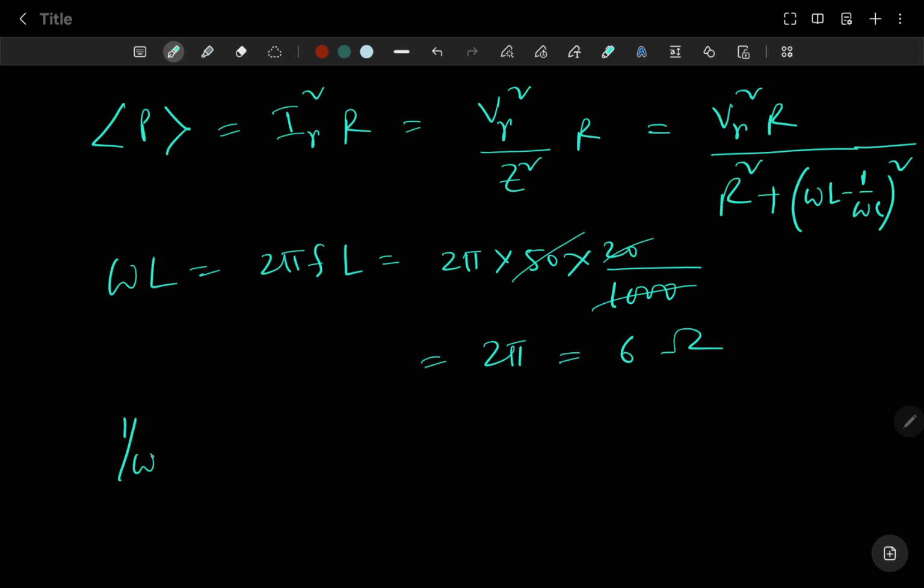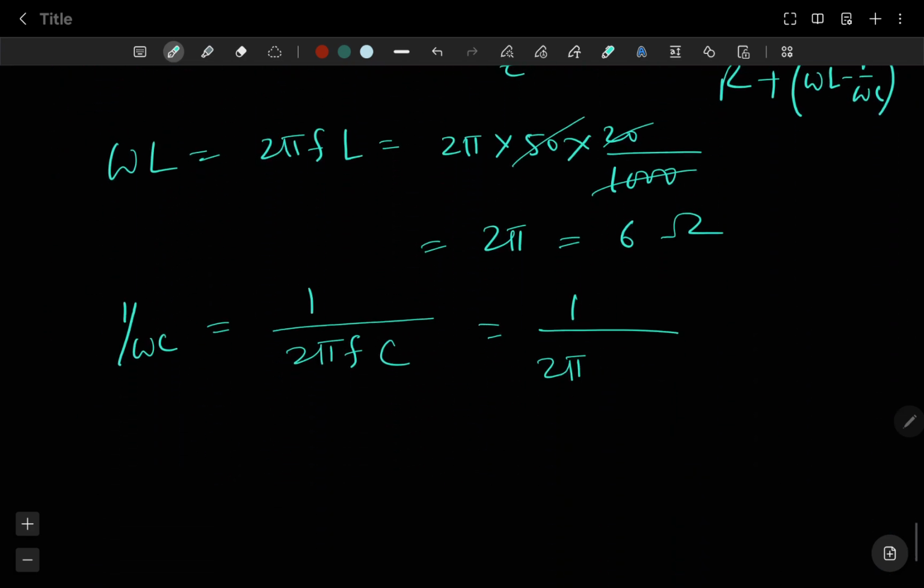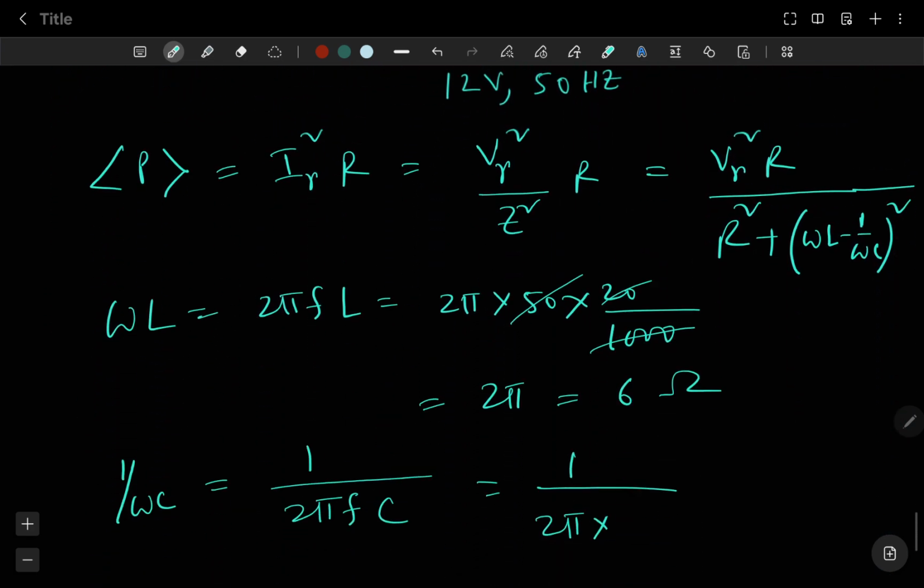And 1 by omega C will be 1 by omega, which is 2 pi F C. So it is 2 pi, C is 100 microfarad, F is 50.